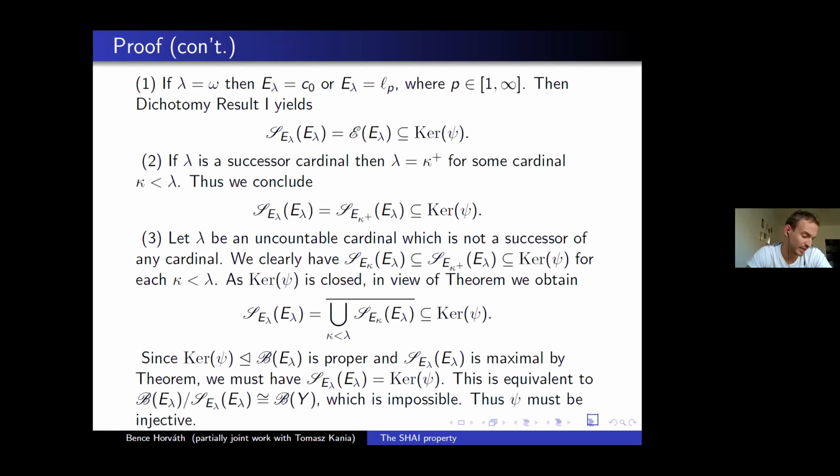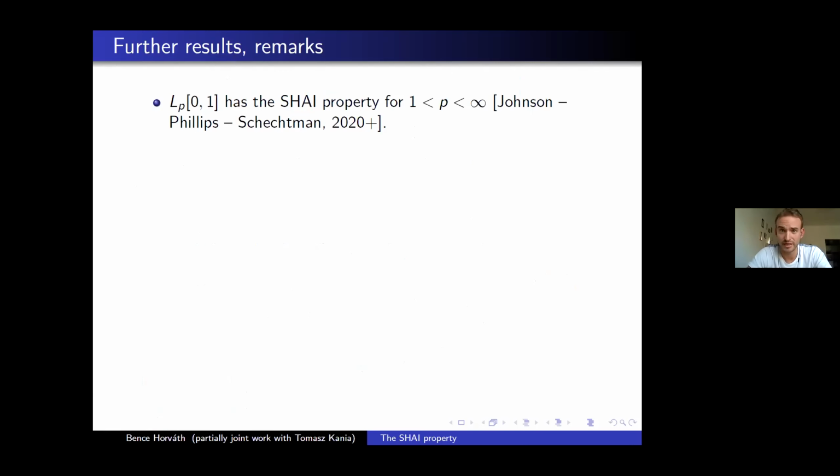In the remaining few minutes, let me just mention some other related results. I haven't said anything about capital L^p spaces. That's because I had no idea about the Shy property, but recently Bill Johnson was kind enough to communicate to me that they had solved the p in the reflexive range case with Chris Phillips and Gideon Schechtman.